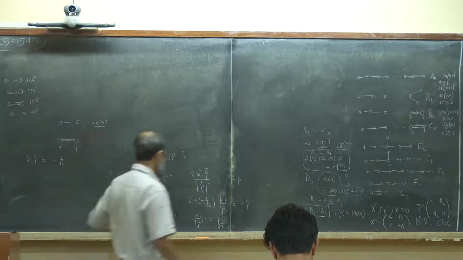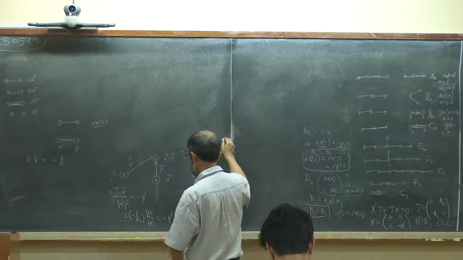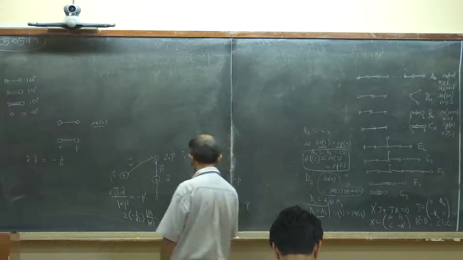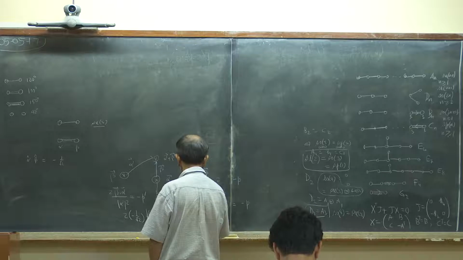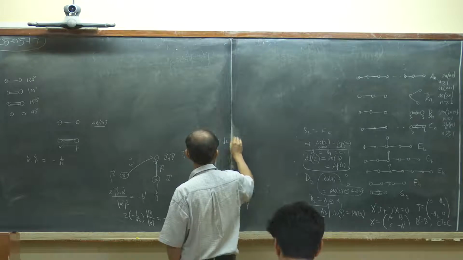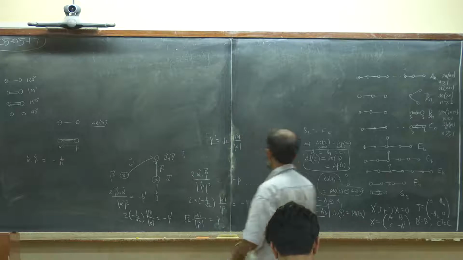Okay, so what I get is, let me write it this way, p is equal to root 2 alpha by beta, and p prime is equal to root 2 beta by alpha.